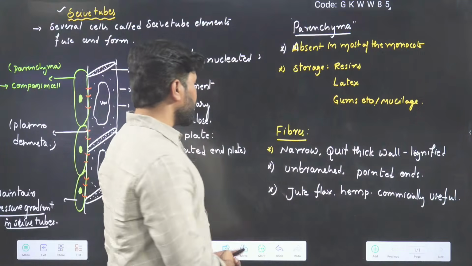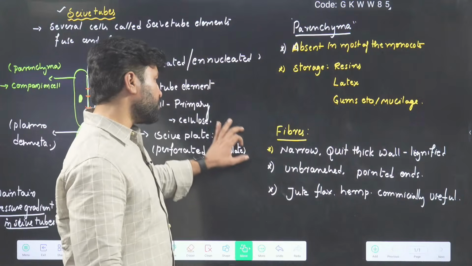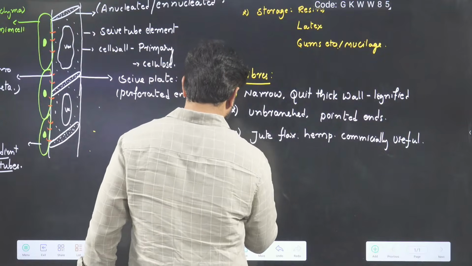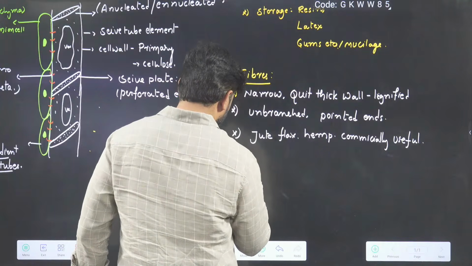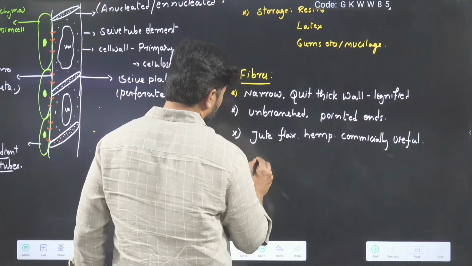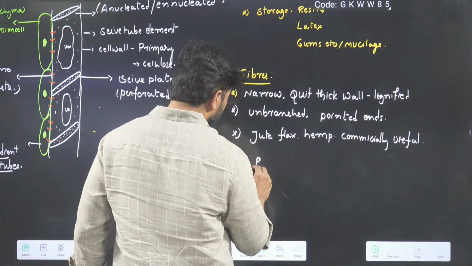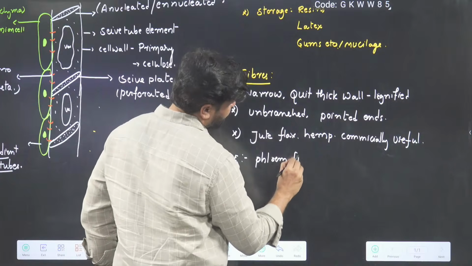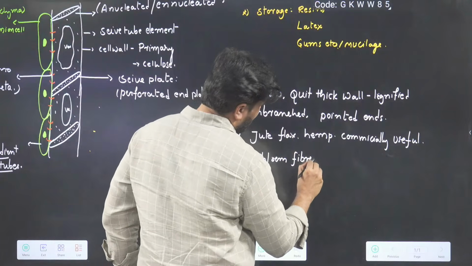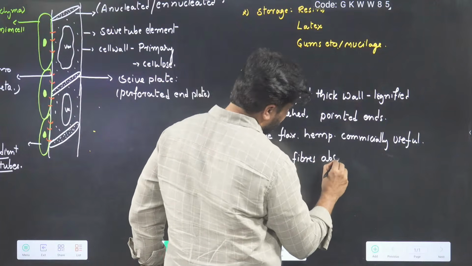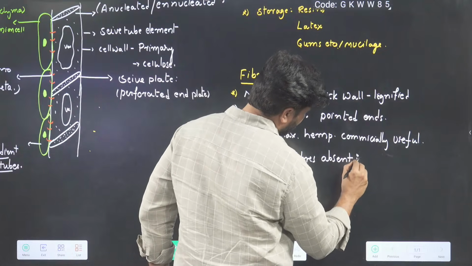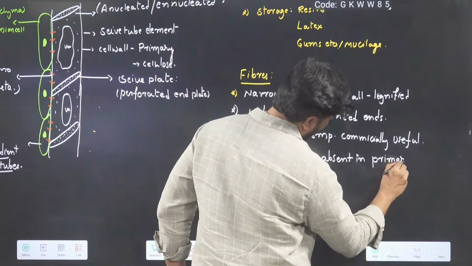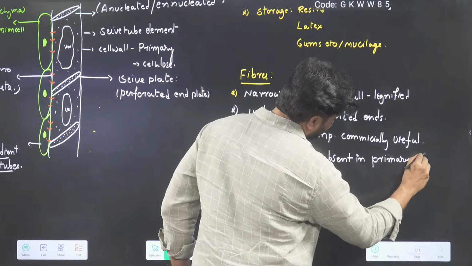That's about phloem fibers. But one thing you should never forget about phloem fibers, very, very important. The noticeable thing is phloem fibers are absent in primary phloem. Who is primary phloem?